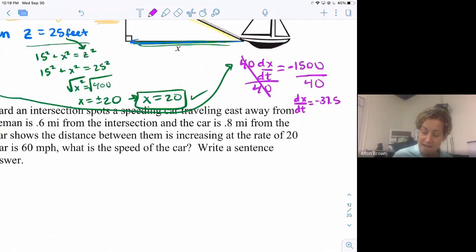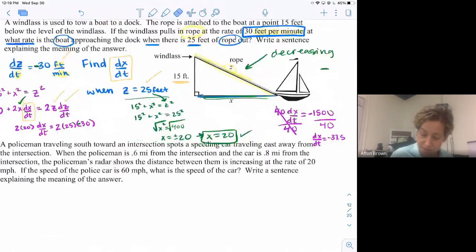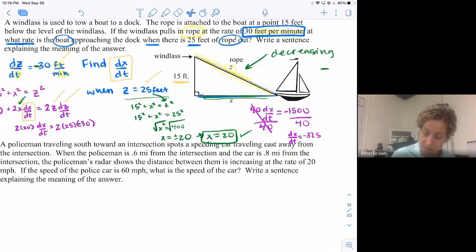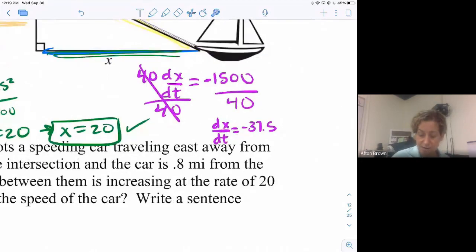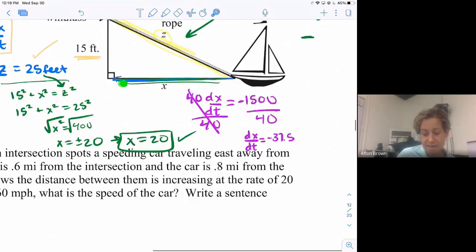Your answer has to include units. Okay, so I'm going to scoot this over a teeny bit more. So I have to include units with this answer. As I'm deciding on my units, I look at this. I need units for x over units for t. x was this length. How are we measuring the distance between the boat and here? What units do we use? Feet. Very good. This would be feet.